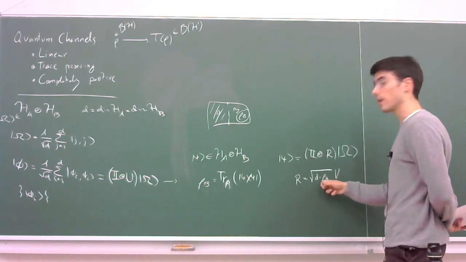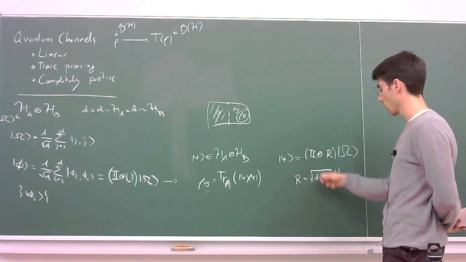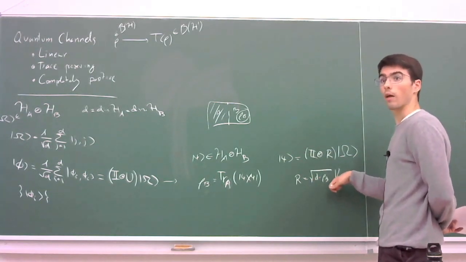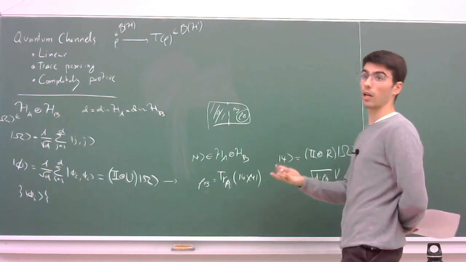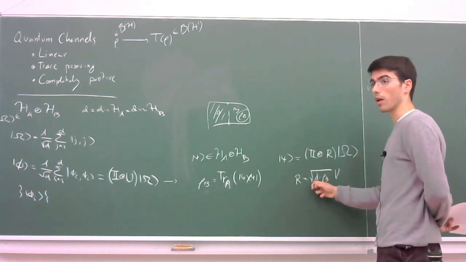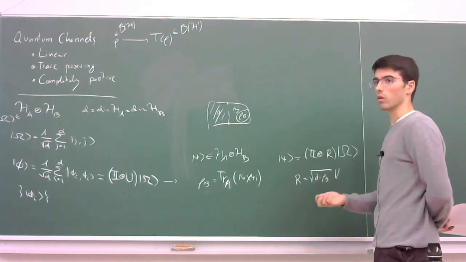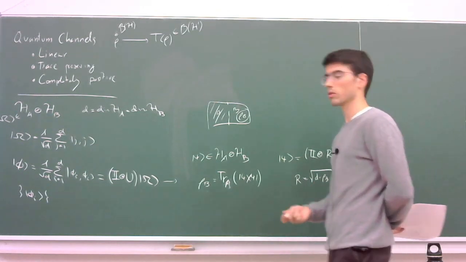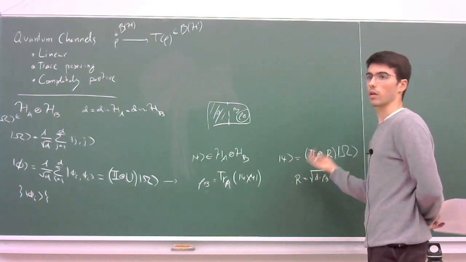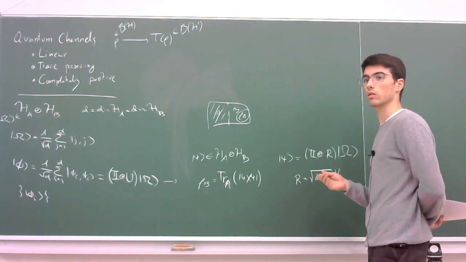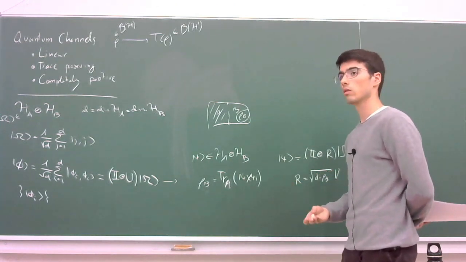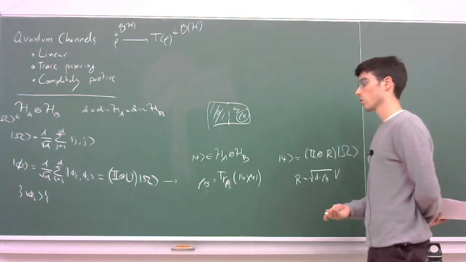And if rho B is the identity, you will have the identity, which is V multiplying V, and V would be, instead of an isometry, a unitary. So if psi is a maximal entangled state, then R can be a unitary in this case, and rho B would be the maximally mixed state.